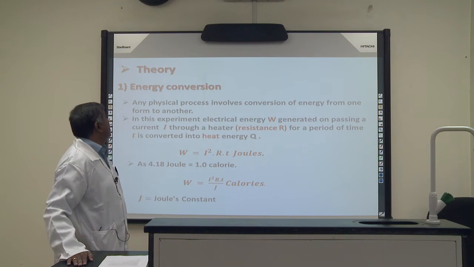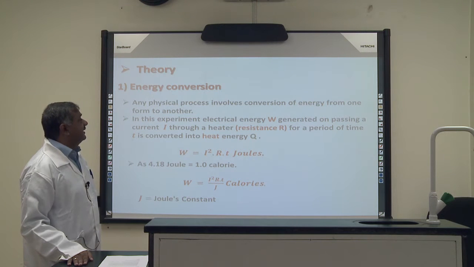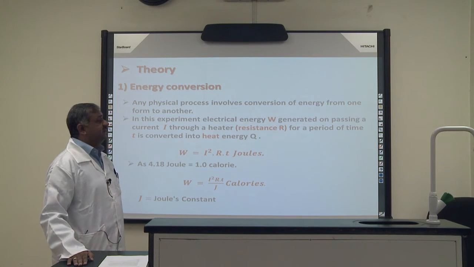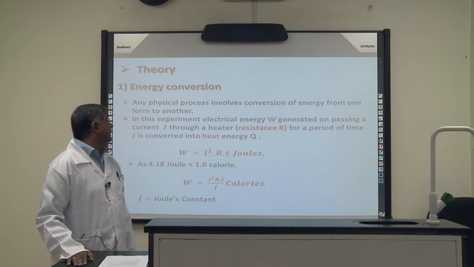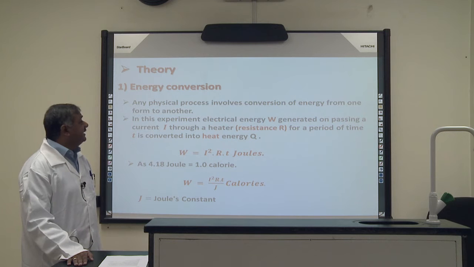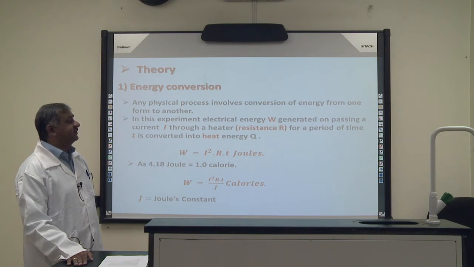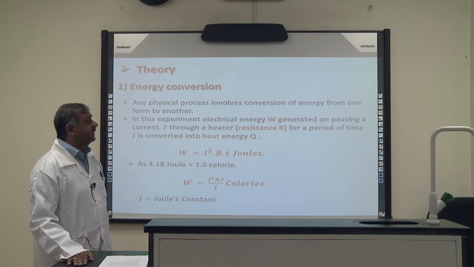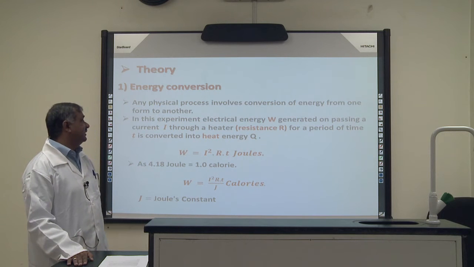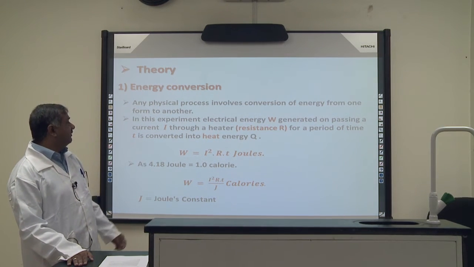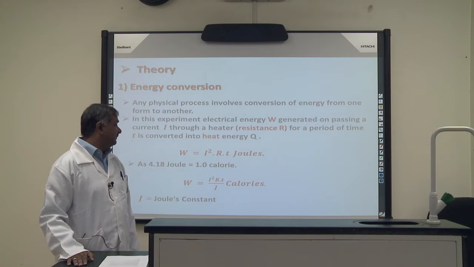You can see in the theory of this experiment that the electrical energy which is doing work is generating heat energy by using the current through the resistance or the coil immersed in the calorimeter, converting electrical energy into heat energy.